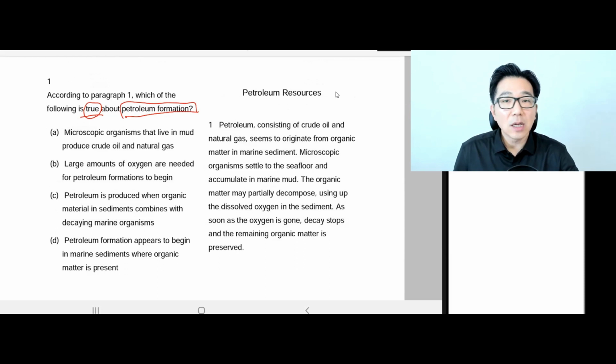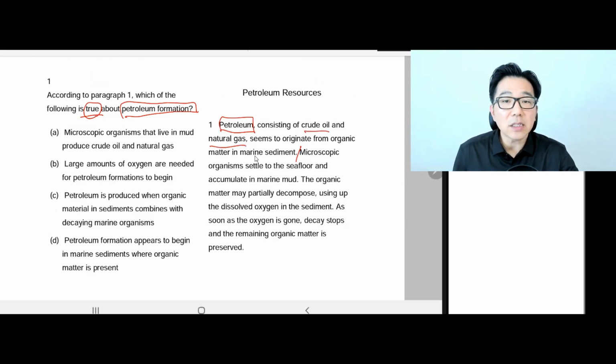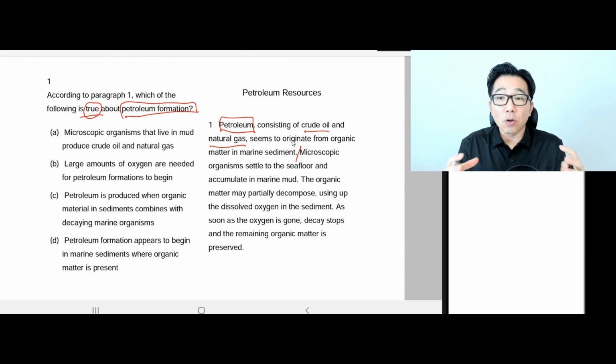Petroleum resources is the title, paragraph 1. Petroleum, consisting of crude oil and natural gas, seems to originate from organic matter in marine sediment. Okay, first sentence. Petroleum consists of crude oil and natural gas, two things. Seems to originate, so it starts the formation of petroleum.